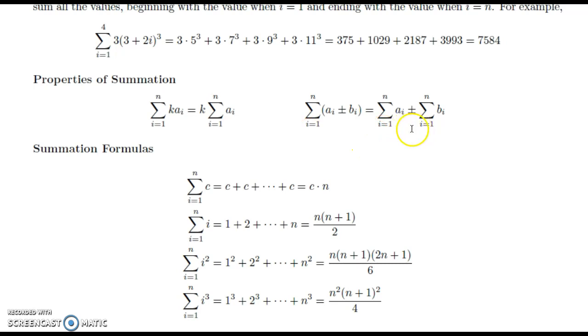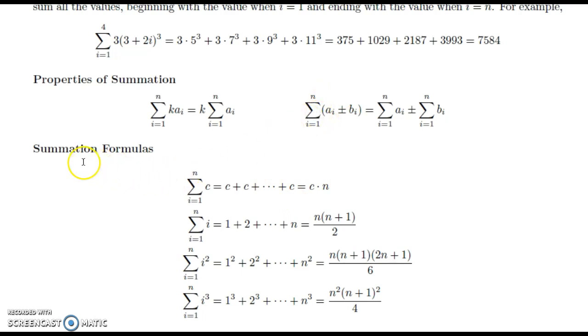Another advantage is if you're adding or subtracting two sums with the same number of terms, i from 1 to n, you would just add or subtract the terms instead of the sums, and then sum it up.